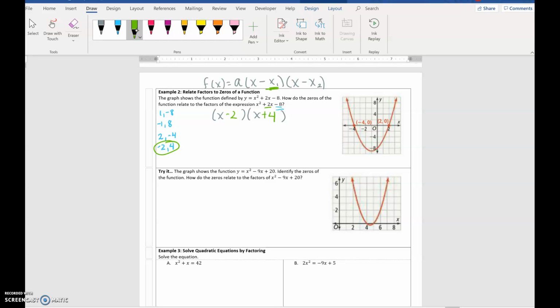Okay, so this right here is that right there, and this is this one here. So how do these relate to this graph? So here's negative 4, that's a positive 2, that's a negative. So how do these relate? The factors are opposite of the x-intercepts.